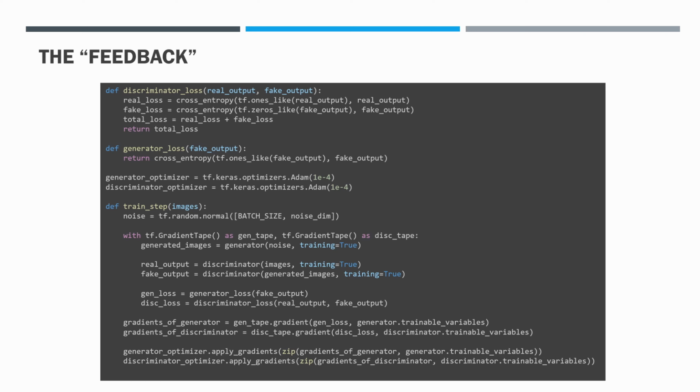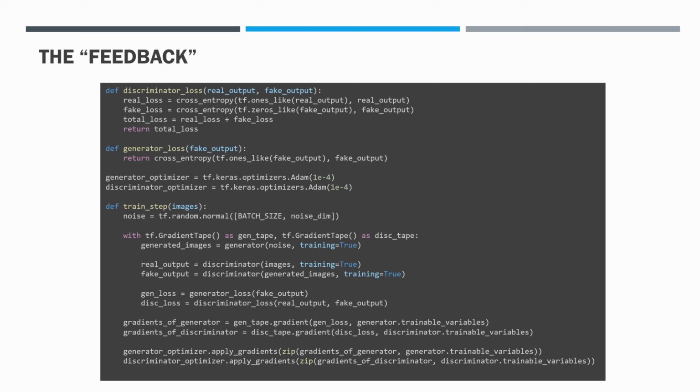Likewise, for our generator, the artist in this model, to become better at generating images, there needs to be some sort of feedback given back to it after generating each batch of images and classifying them with the discriminator.